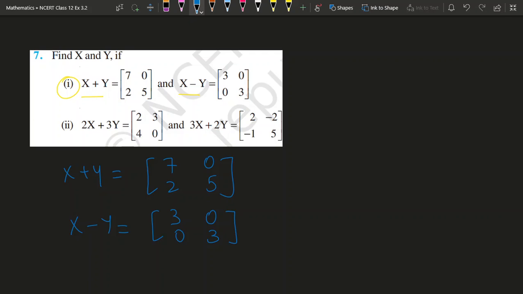And if you add them up, you still don't know what exactly the matrices x and y are. However, you can take into account that matrix algebra is quite analogous to real numbers algebra.